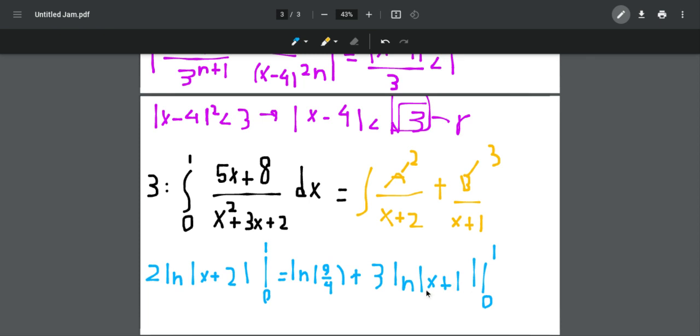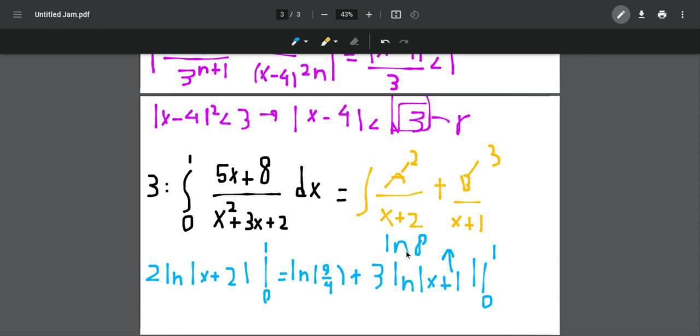When we evaluate it, natural log of 1 plus 1 is natural log of 2, and natural log of 1 is just 0. So we just get natural log of 2. And when we raise the 3, because we use a log property, 2 to the power of 3 is 8. So for this integral, we get natural log of 8.